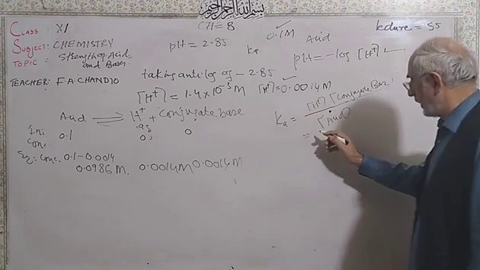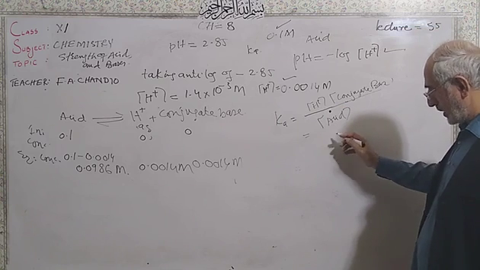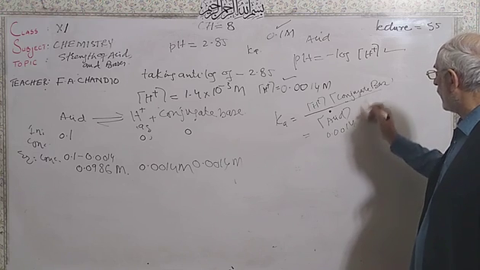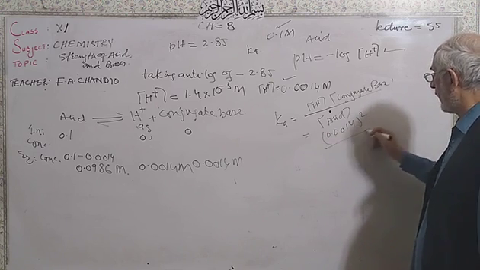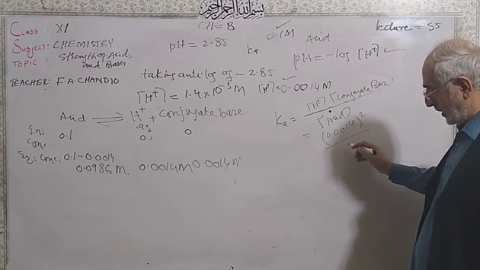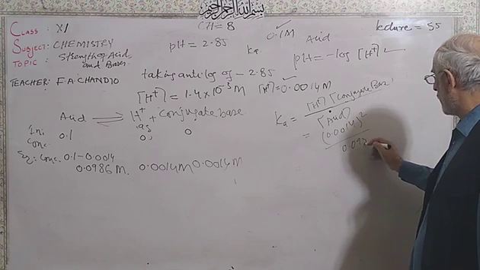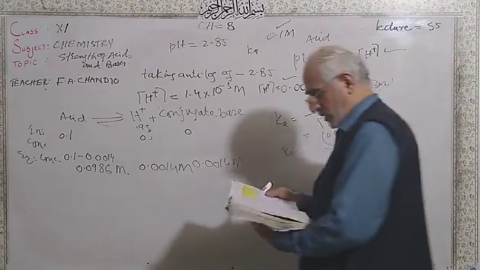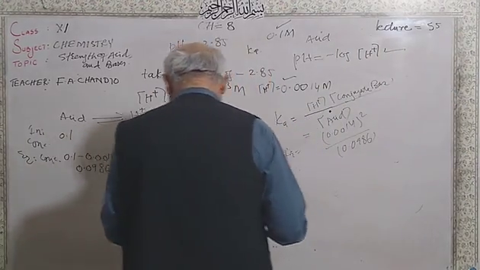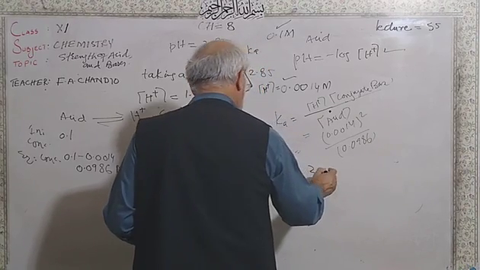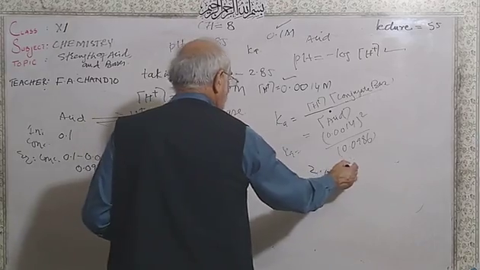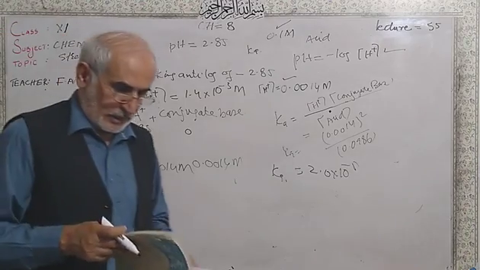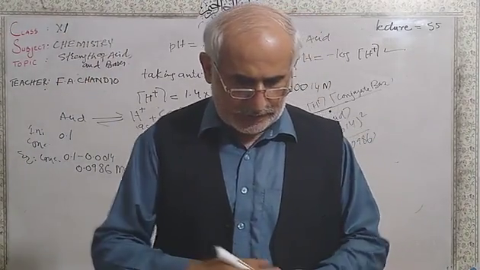So Ka is 0.0014, conjugate base the same, so squared, divided by the concentration of the acid, 0.0986. After solving this, you will get 2.0 into 10 raised to the power minus 5. From the hydrogen ion concentration, we get the value of Ka.